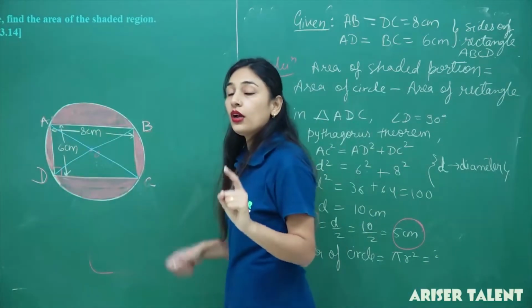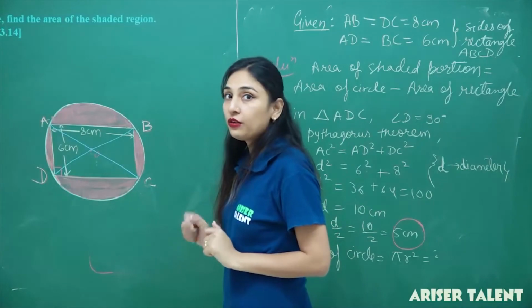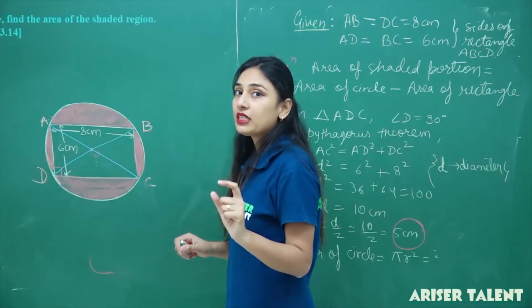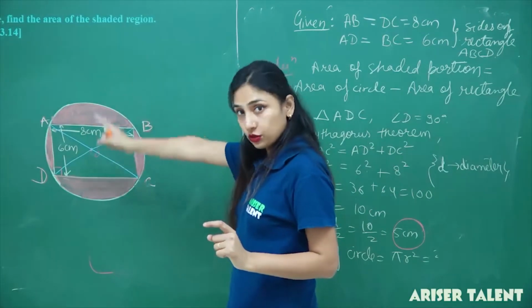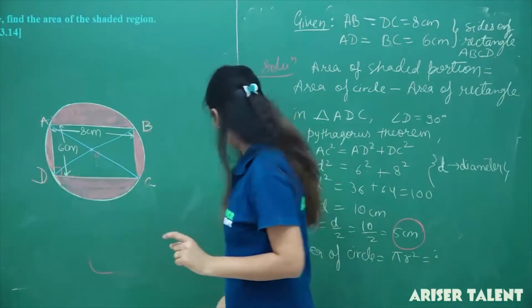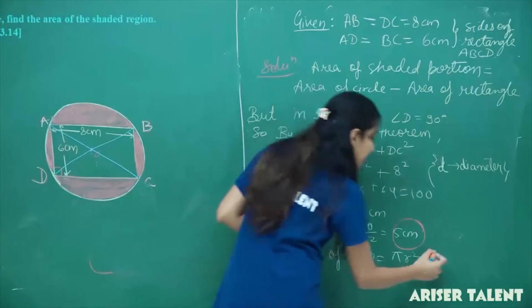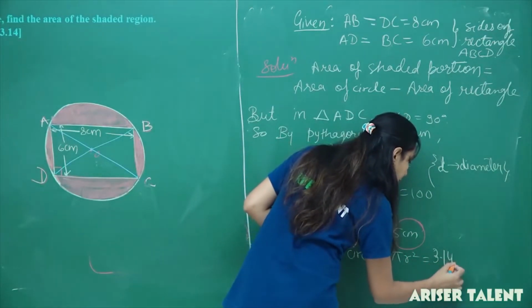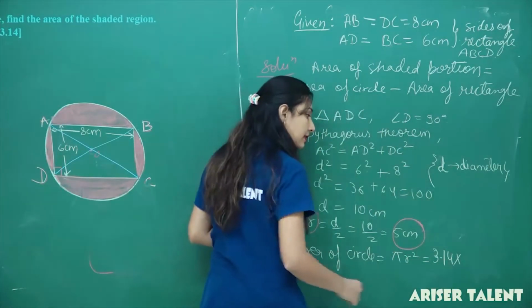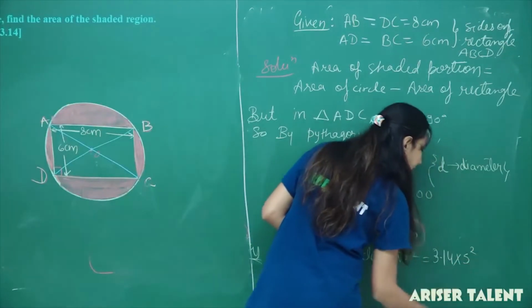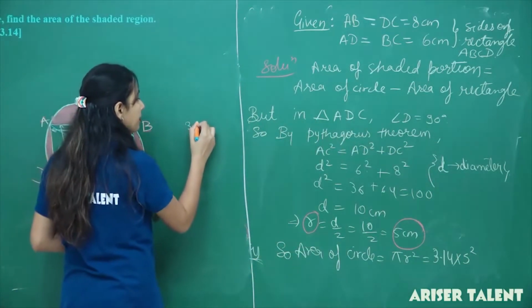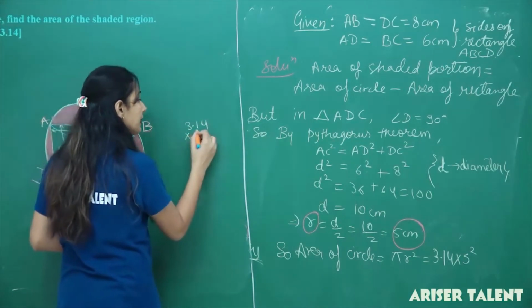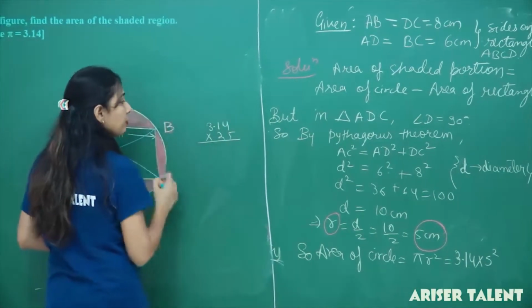I have told you, unless otherwise specified, you take pi equals 22 by 7. But here you are provided with pi equals 3.14, so you have to use that value only. So write 3.14 multiplied by radius 5 square, which is 3.14 multiplied by 25, because 5 square is nothing but 25.